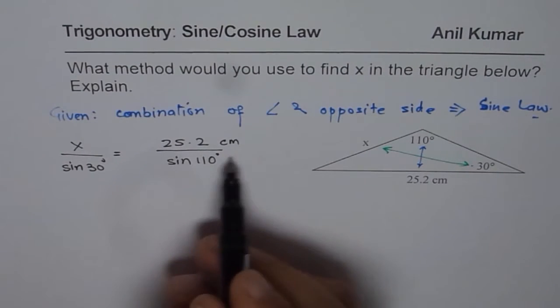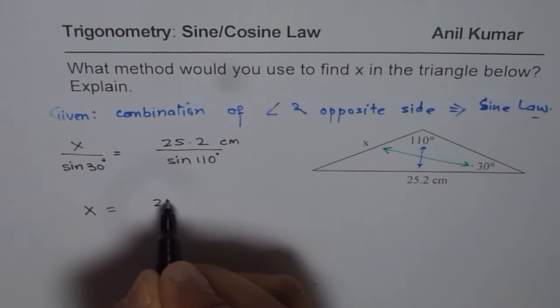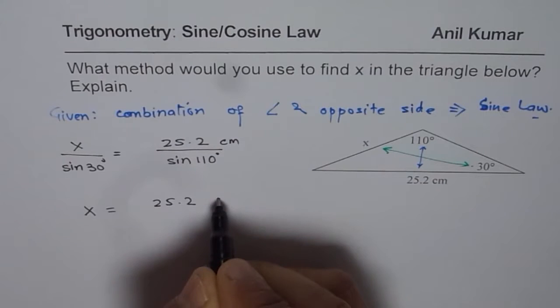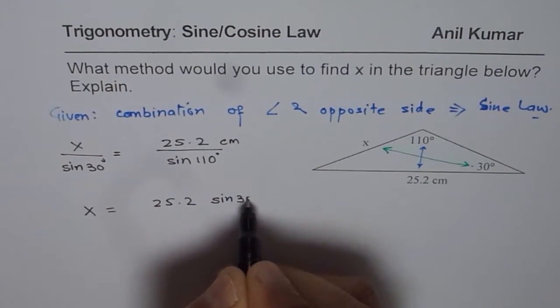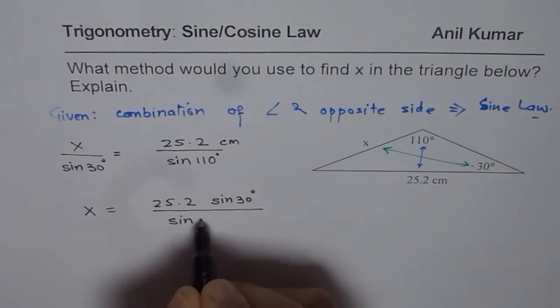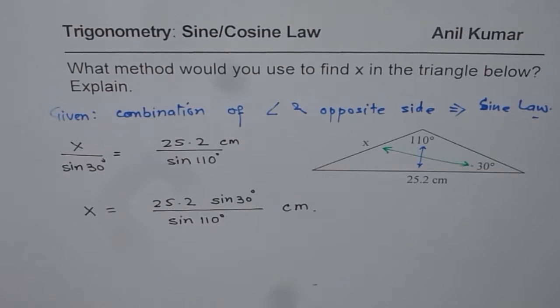Now simply cross multiply, get your answer. So x is equal to 25.2 times sine of 30 degrees divided by sine of 110 degrees, and the unit should be centimeter. So that is how you have to calculate.